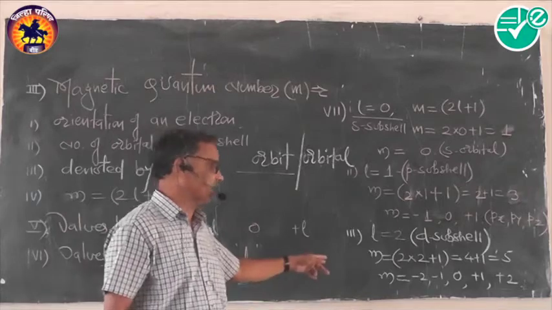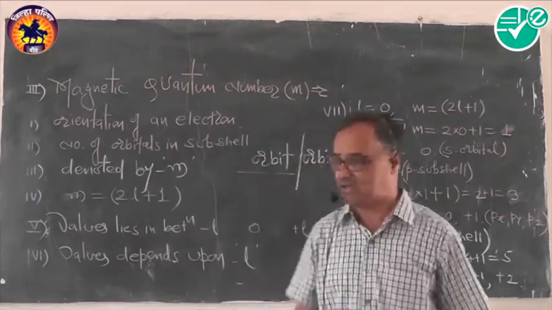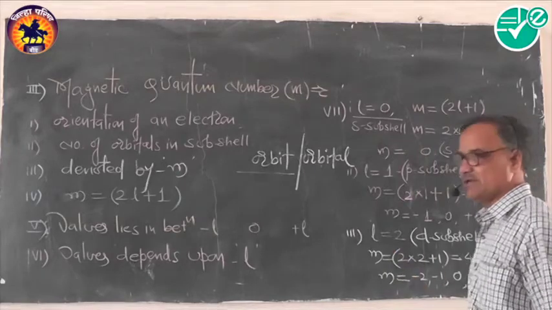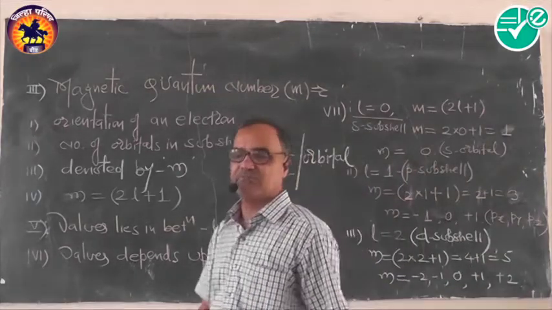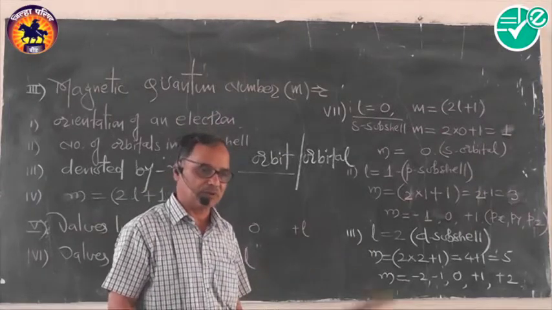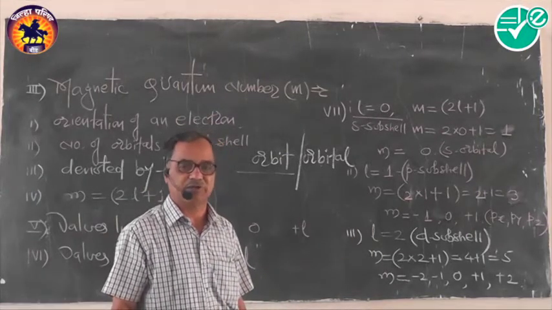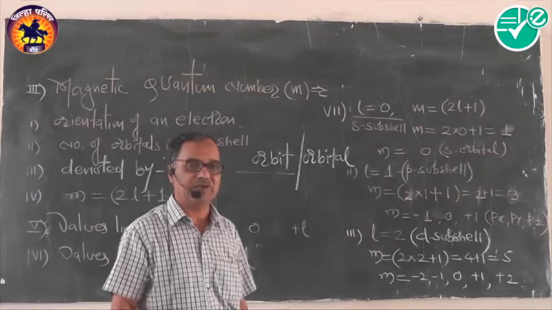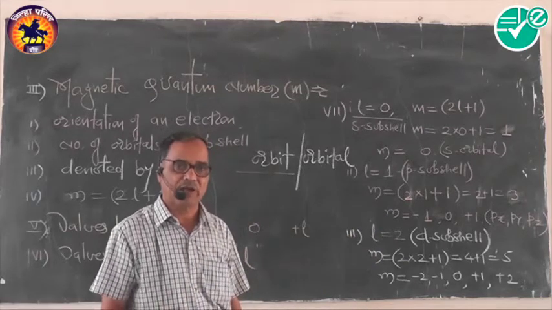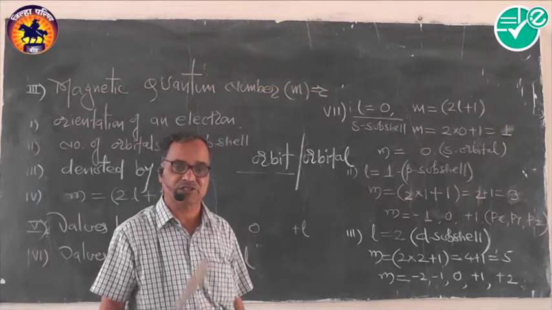And in case of the f subshell, the number of orbitals is 7, so the number of electrons is 7 multiplied by 2, that is 14 respectively. So s, p, d and f contain 1, 3, 5 and 7 orbitals respectively.